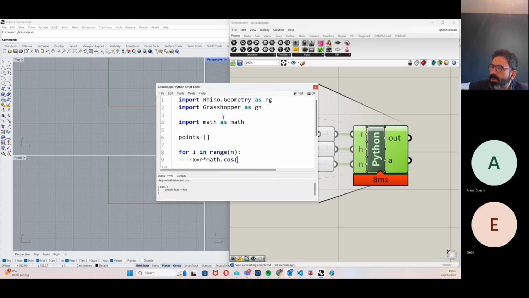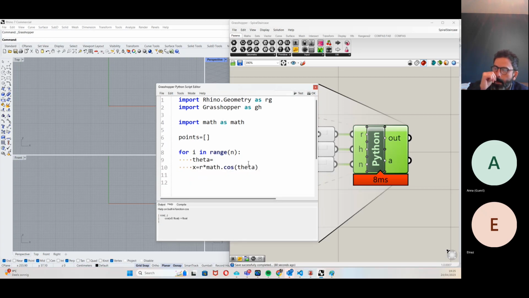Of theta. But we should first define theta. So theta equals, tell me, I times 2 times math dot pi divided by n. Don't you agree?